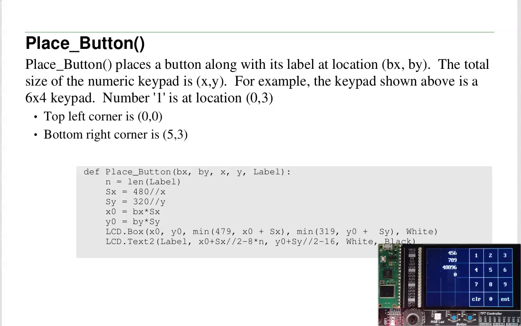So that'll be this spot right here. I'll then draw a box at that spot, going to the right by the length of one box. So draw a rectangle and then put in a label which you want to put in there. So here the labels are 1, 2, 3, 4, 5, 6, 7, 8, 9, clear, 0, enter. That's place button.